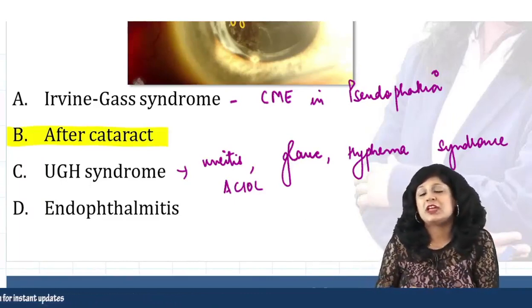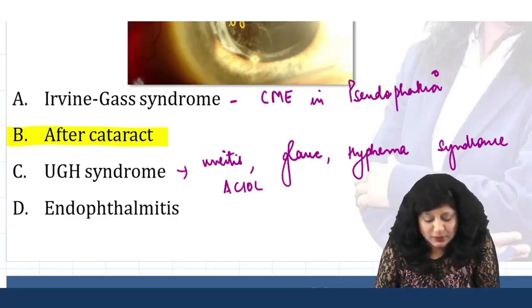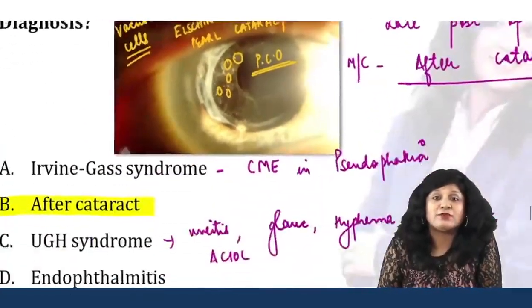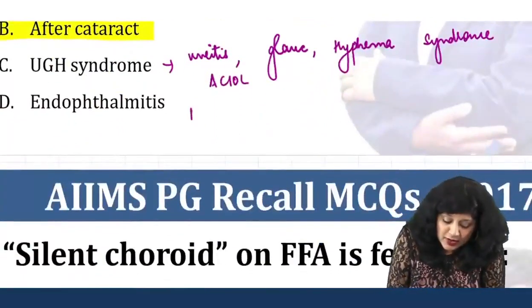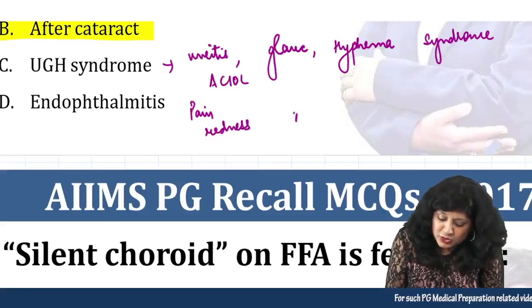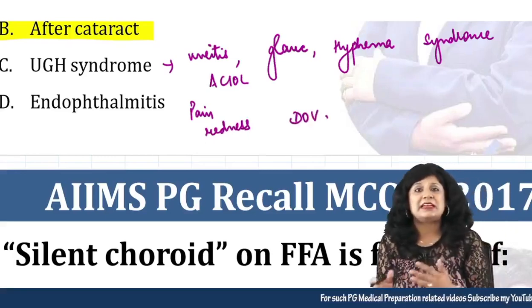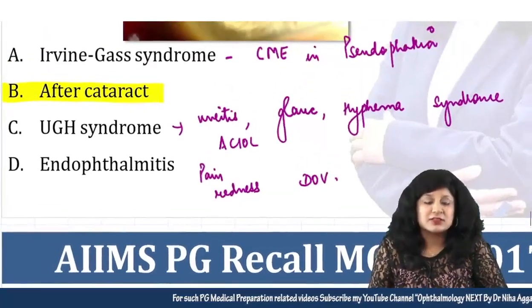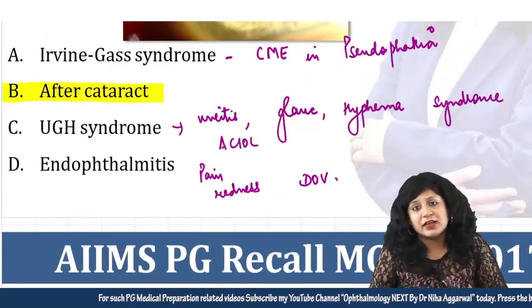It also leads to the hyphema, that is blood in the anterior chamber, while D is the endophthalmitis. Now, if the patient is having endophthalmitis, there should be pain, there should be redness, then there should be diminution of vision. So, the picture will be entirely different. Okay, so this is not a case of endophthalmitis. Therefore, the answer to this question will be after cataract.